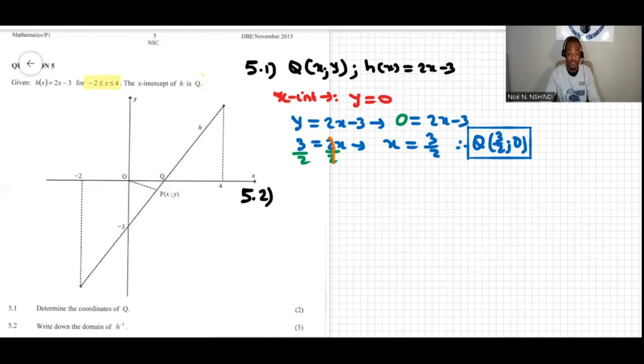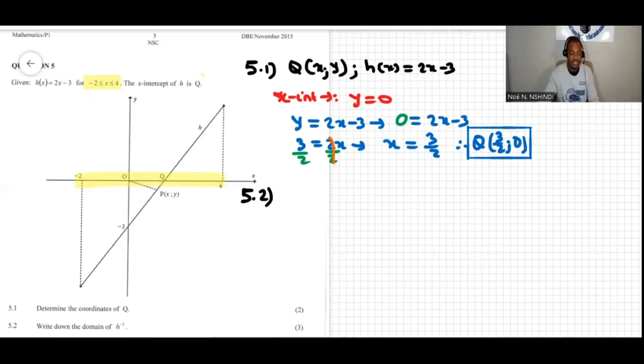So it is from -2 to 4, because this function h of x is defined over the interval -2 to 4, not beyond, not below.